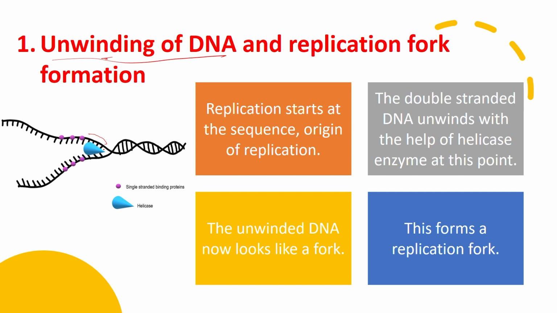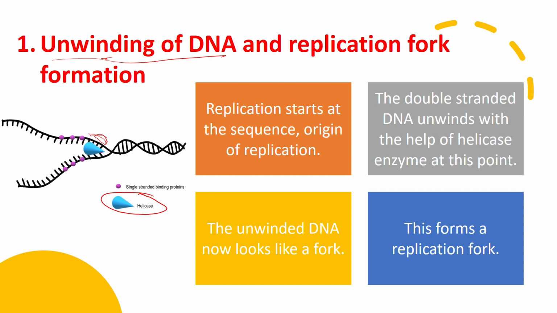This blue color structure is known as the helicase enzyme. Helicase enzyme helps in unwinding this strand, and the helicase enzyme will come and bind onto this origin of replication, and then what happens?